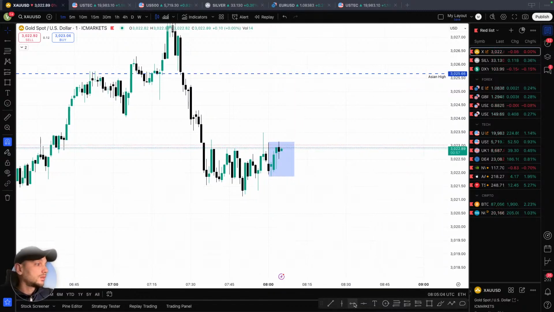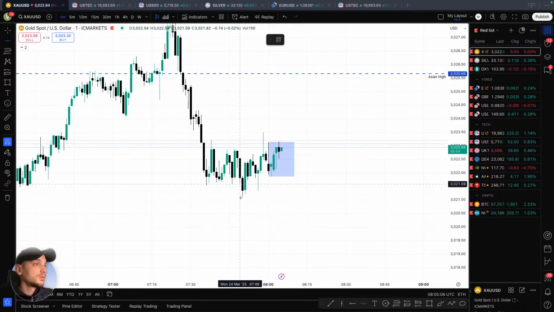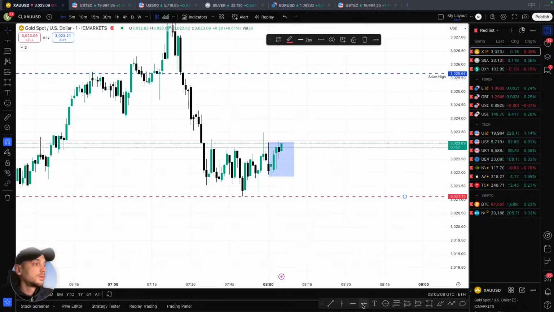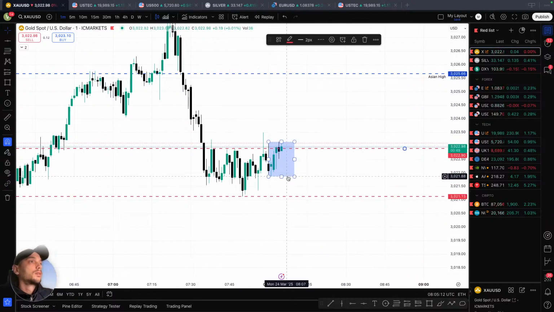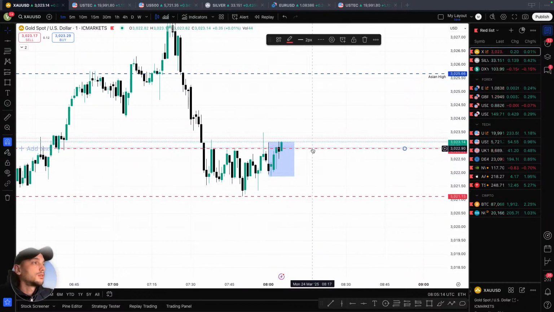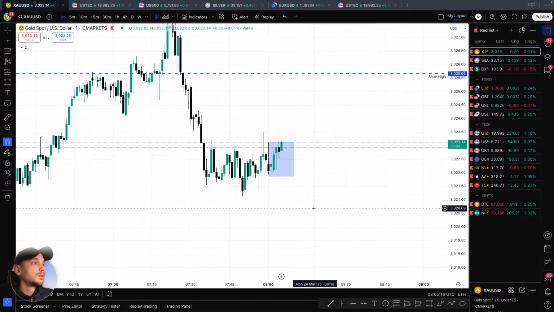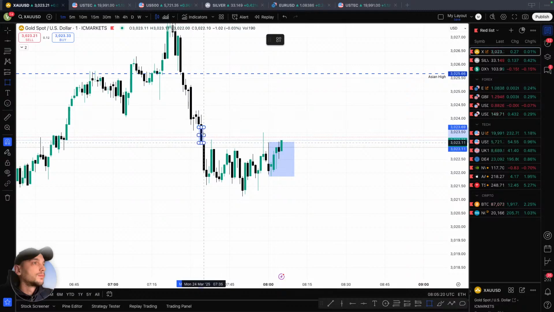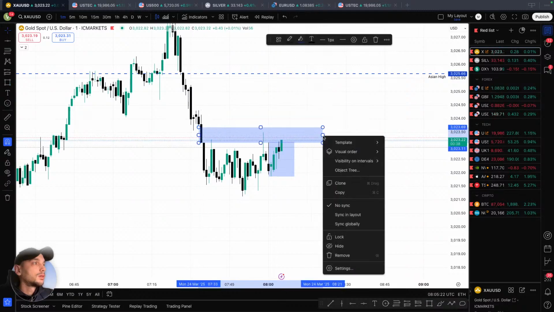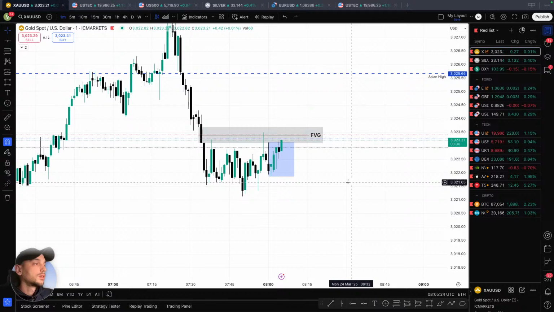So what we don't like is this range we're in. You see? This range is not ideal. This fair value gap is something that can push us down.